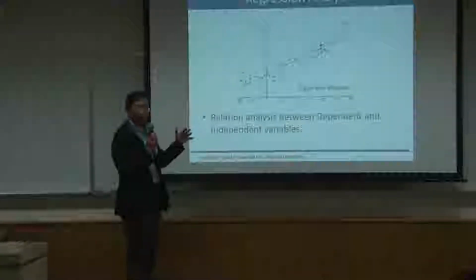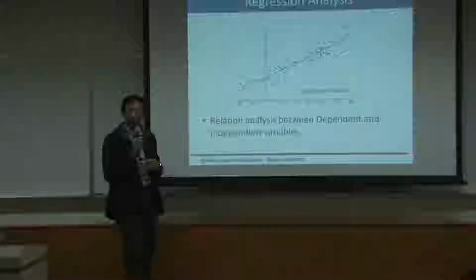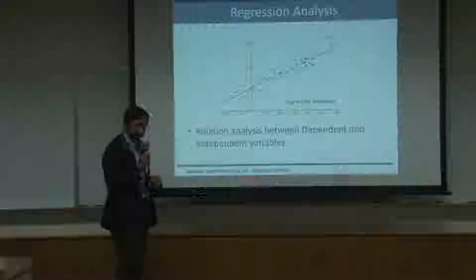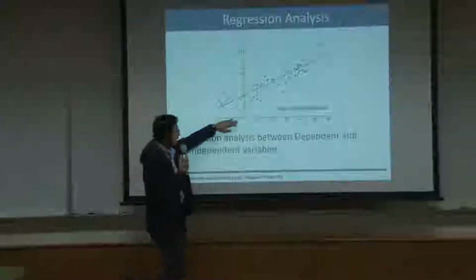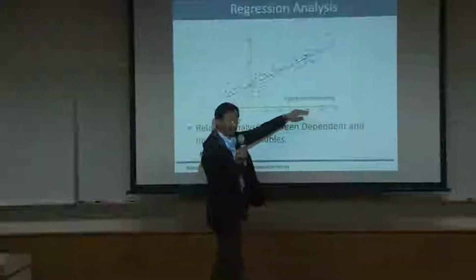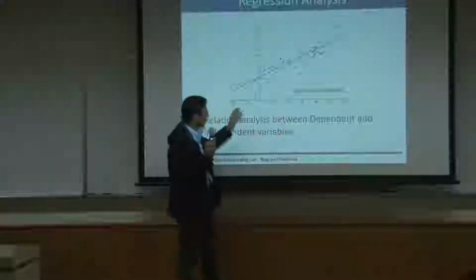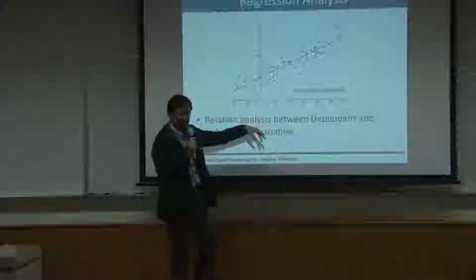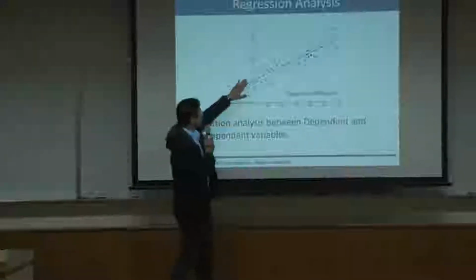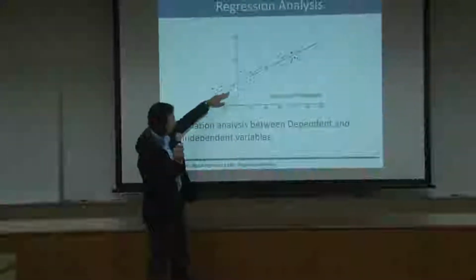I think this is a very common idea in all of the scientific fields. So you have an independent variable, that is a quite intuitive variable like time sequence or location or such things. And also a dependent variable.